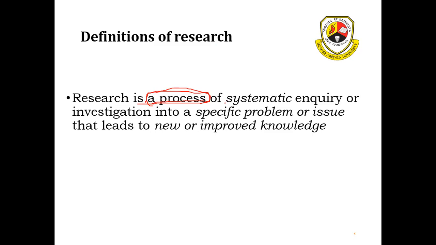So one, it's a process. Two, it is a systematic inquiry. Systematic, meaning we know what a system is. Since we're IT students, we know what a system is. We know there are components, and each component has a specific function it carries out and produces something which it passes to the next component. And at the end, it gives a result, or it performs a function which the user is seeking.